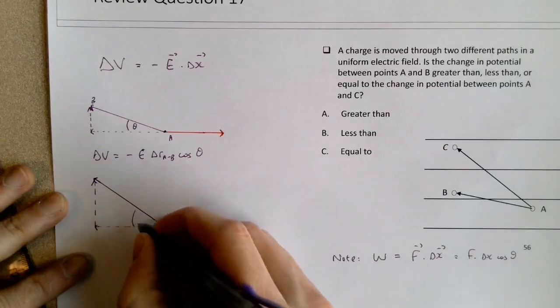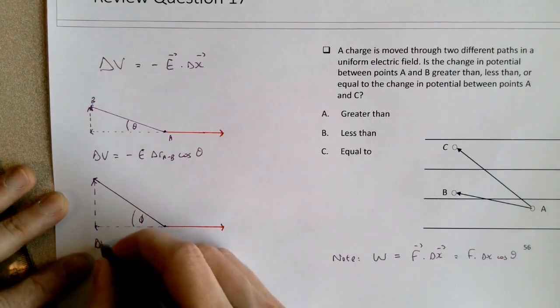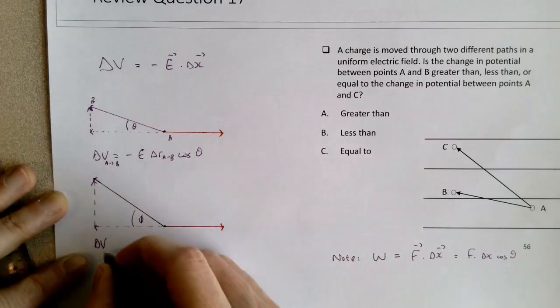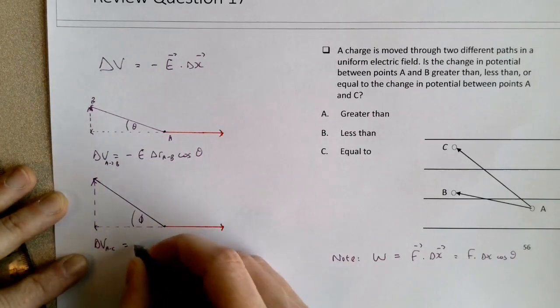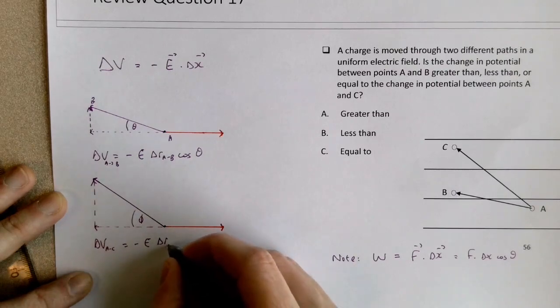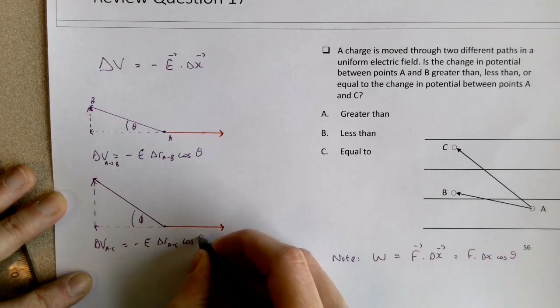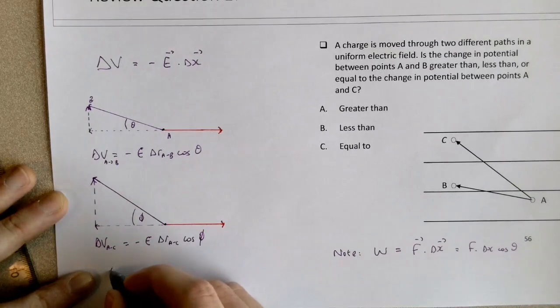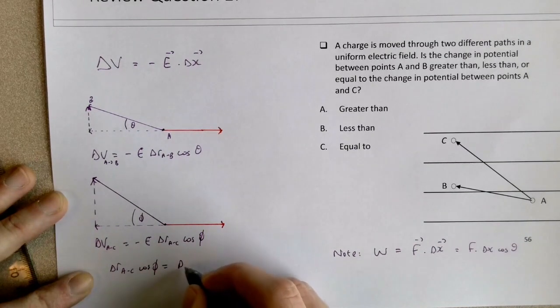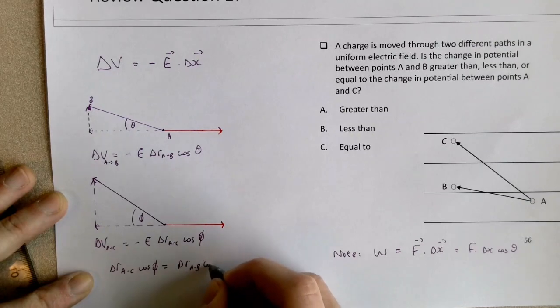Okay, so these horizontal dotted lines are the same. If I label this delta V, this is A to B, this is A to C, negative E is the same here. We've got the delta r from A to C times the cosine of phi, but the delta r from A to C cosine of phi is the same as the delta r from A to B cosine of theta.